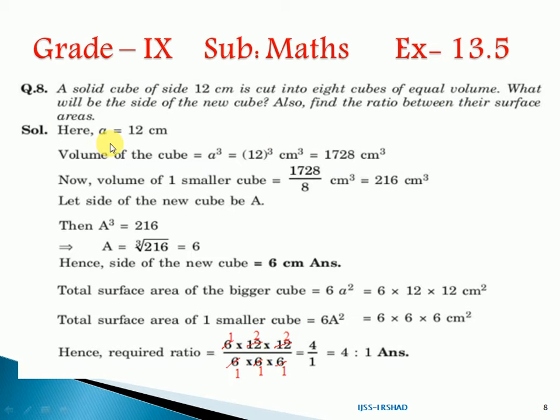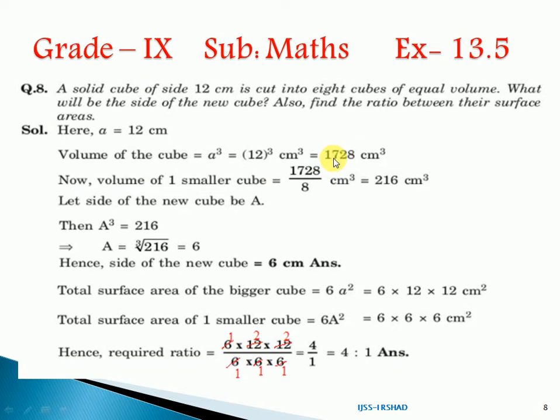So here the side of the cube, the big one, is given as 12. The volume of the cube will be side cube, that is a cube, that is 12 cube, and 12 cube means 12 multiplied by 12, again multiplied by 12, three times. You will get 1728.